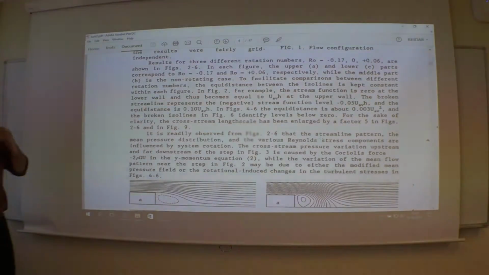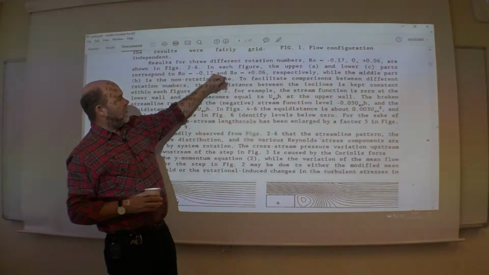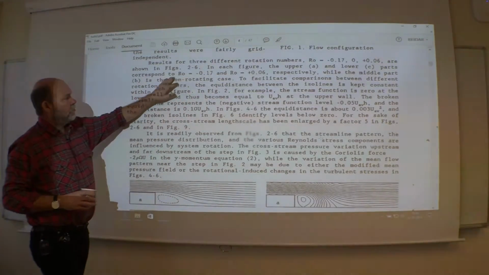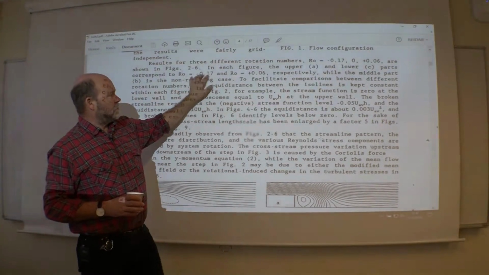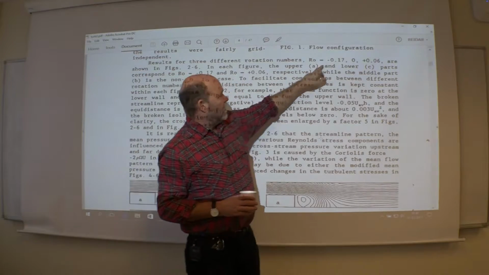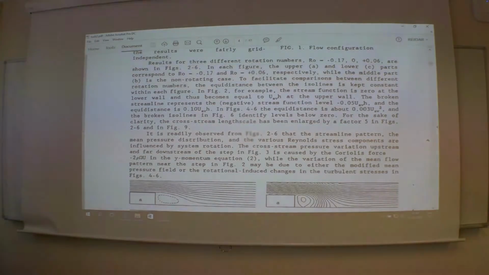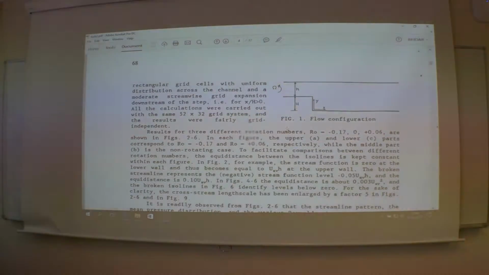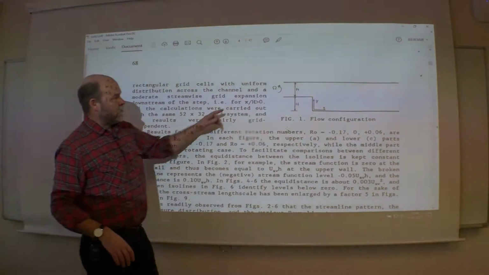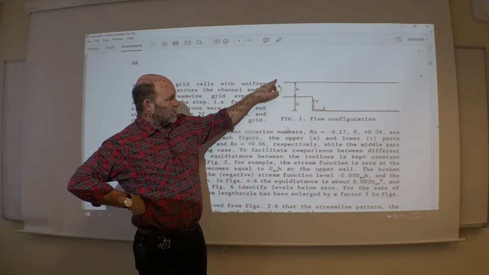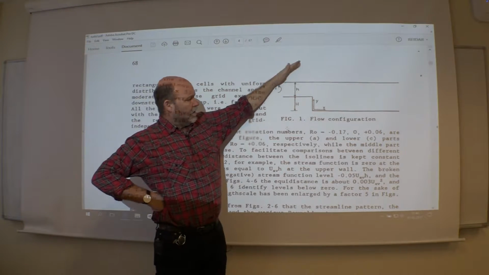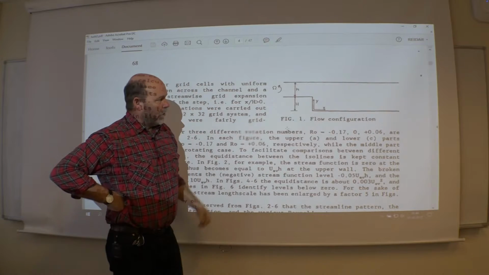Here we are. The upper A and the C parts correspond to negative rotation and then positive rotation. Negative rotation, part A, what does that mean? Well, positive rotation is counterclockwise, so negative is going the other way around.